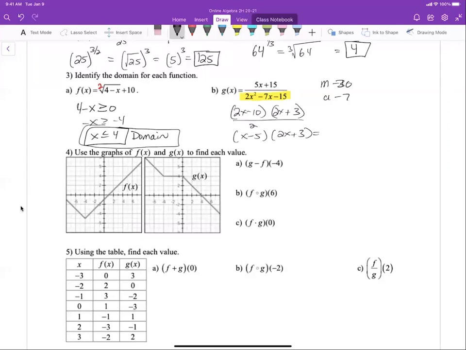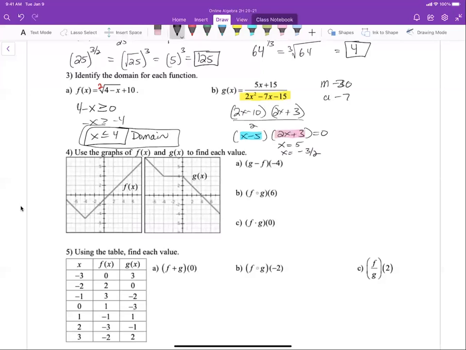Now I want to know what values of x in that expression will create 0. So I know that either x minus 5 is equal to 0 or 2x plus 3 is equal to 0. And so I find the values of x. So x is equal to 5 and x is equal to negative 3/2.